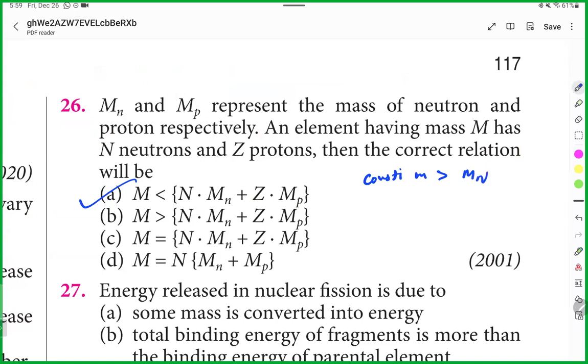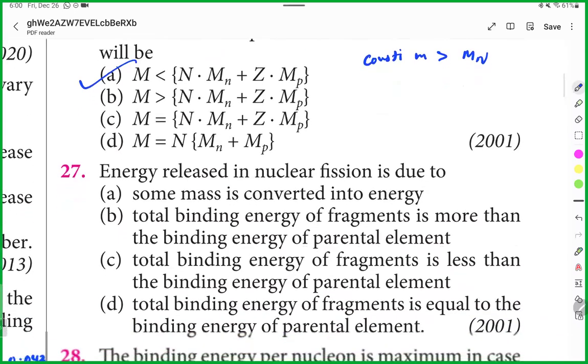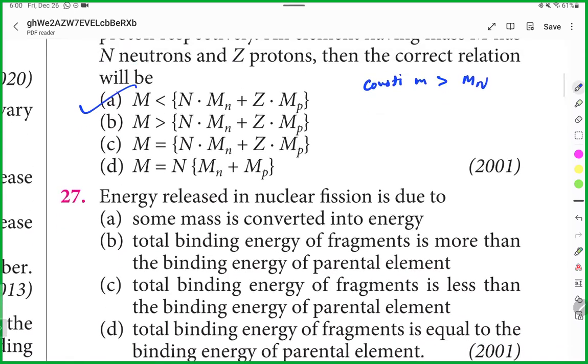Understood? Constituents have more mass compared to the nucleus mass, and because of that, you get the mass defect. So when you calculate the mass defect, it is the constituent mass, neutron, minus mass of the nucleus. Why? Because constituent mass is more. This is high, correct? So can we say this is high compared to the nucleus?